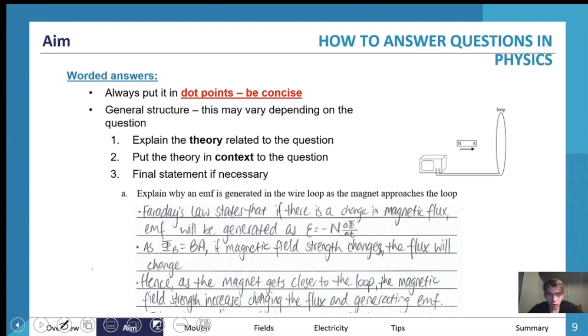When you use dot points, essentially what is happening is you are indicating to the examiners that you are a diligent student that knows what you're talking about. And usually confidence is key, right? When you emit that type of confidence in your response, usually they are more prone to give you marks than not.